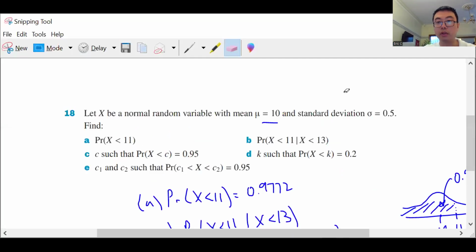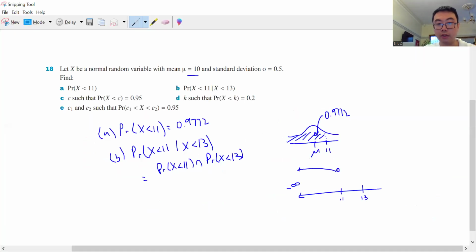Just clear that very quickly. All right, so here we've got this. That's the probability of X less than 11. And then the probability of X less than 13 is this. And where the two intersect is here, which is basically the probability of X is less than 11.